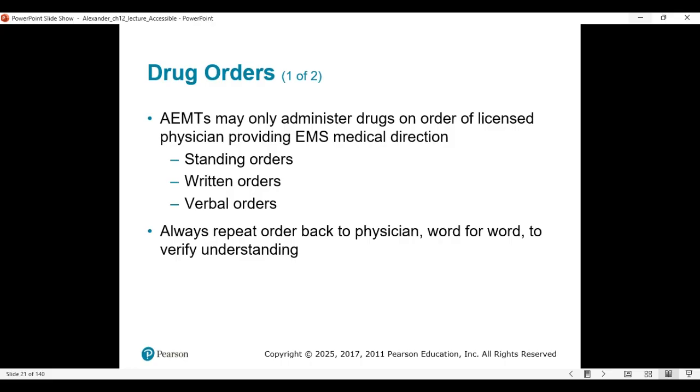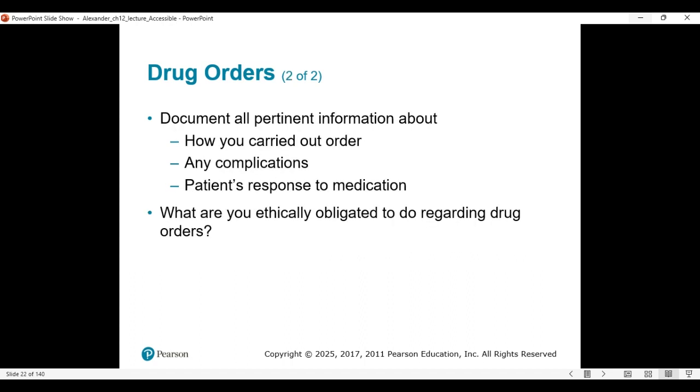You're always going to report these orders back to the physician word for word to verify that you understood this dose. And if it's wrong, we're going to address that by asking them, "Are you sure you want me to give this?" You know, blah blah blah, and then you're going to document that. You're going to document how you carried out the order, any complications, and the patient's response to the medication.